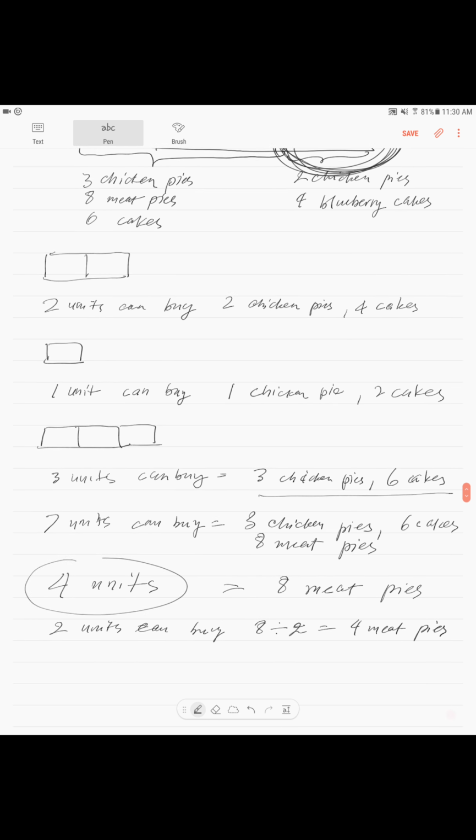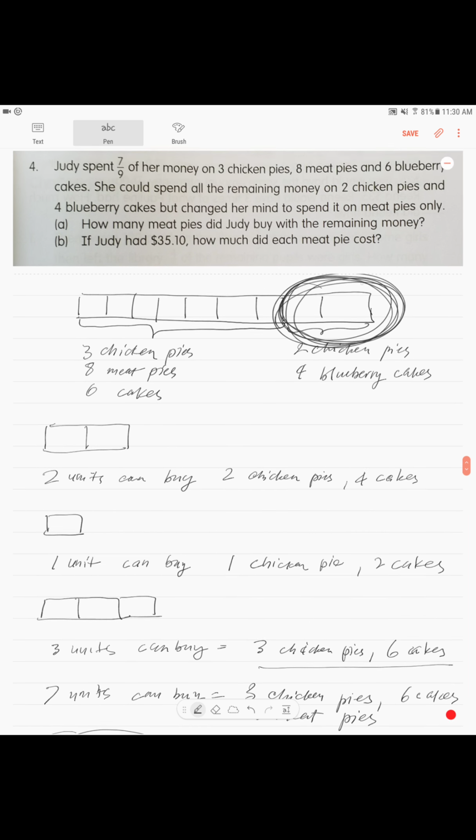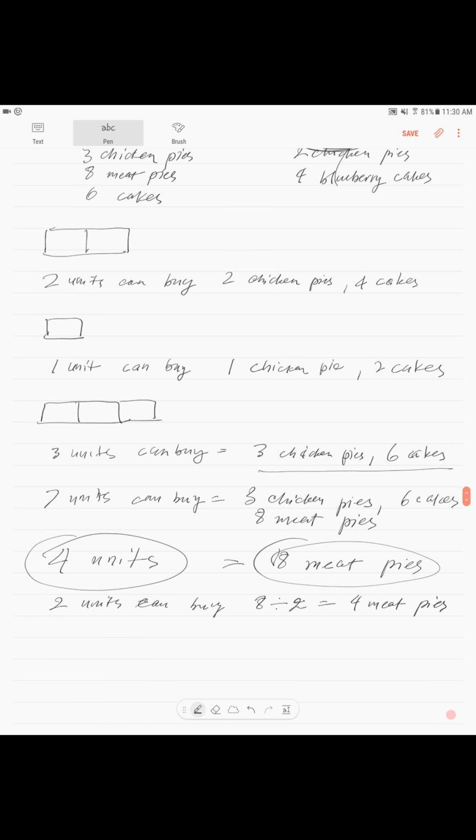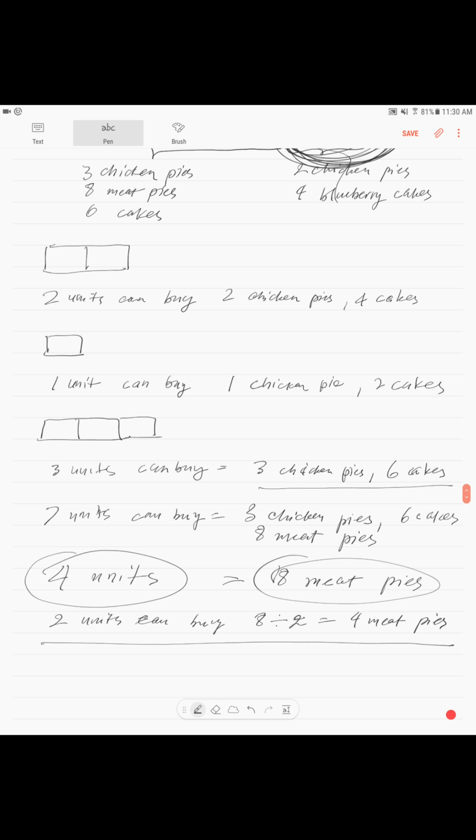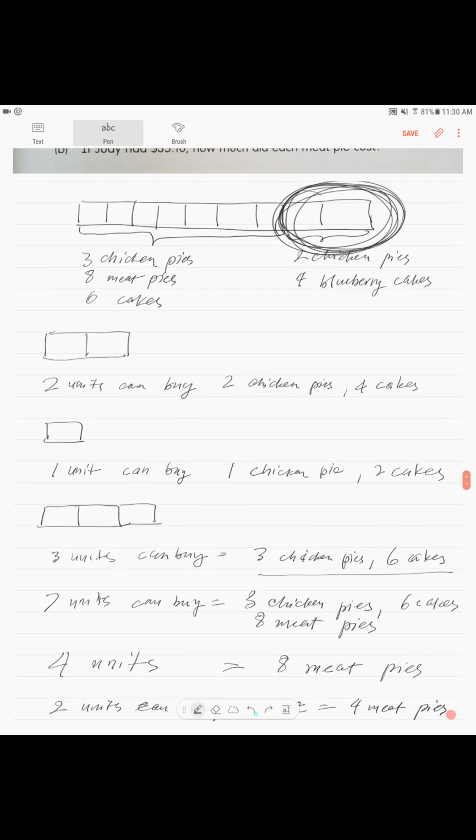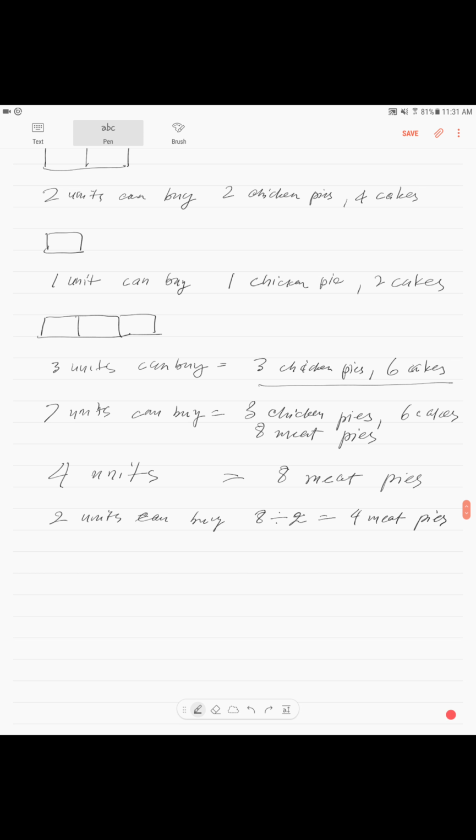If 4 units can buy 8 meat pies, then these two units can buy 4 meat pies. Let me erase this to make it clean. This is your answer: Judy bought 4 meat pies with the remaining money.